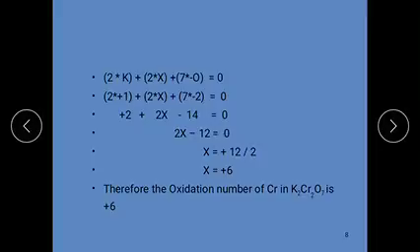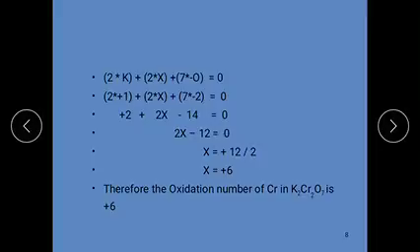Plus 2 plus 2X minus 14 equals 0. 2X minus 12 is equal to 0. Then X equals plus 12 by 2, which equals plus 6. Therefore, the oxidation number of chromium in potassium dichromate is equal to plus 6.